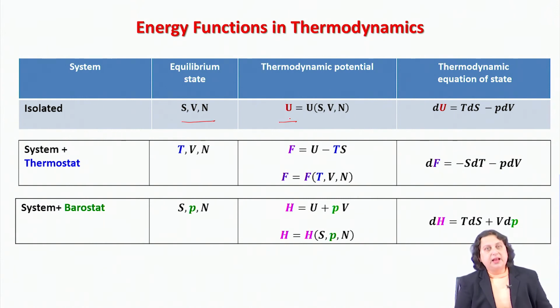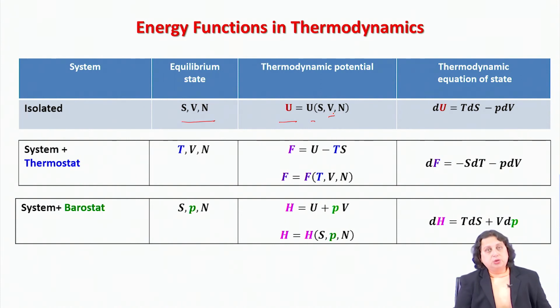And I define as the thermodynamic potential that energy function whose variation depends directly on the given set of independent thermodynamic parameters with which you are defining the thermodynamic state.